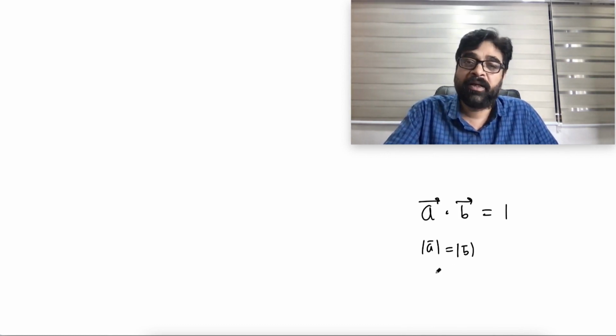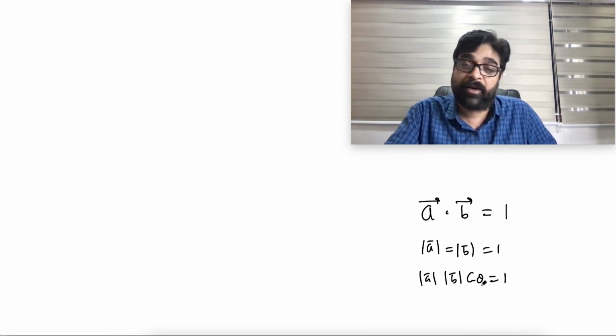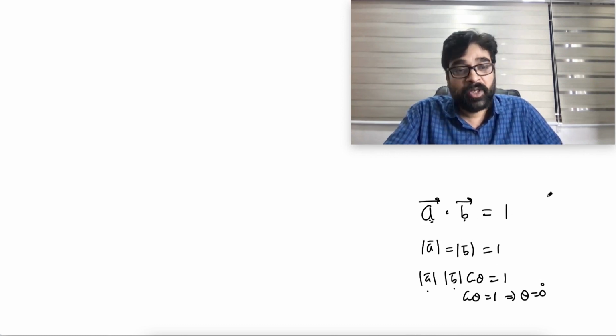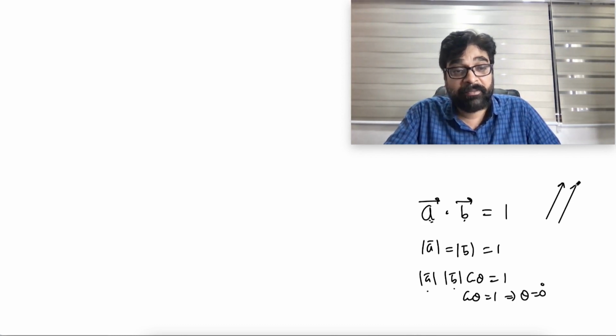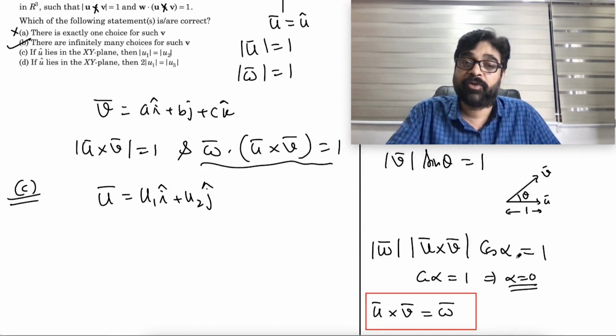A dot B is 1, that means mod A, mod B, cos theta is 1. Suppose both magnitudes are 1, so cos theta will be 1, meaning theta is 0. The angle between these two vectors is 0, so they have the same direction, and the magnitude is already 1, the same. So 100% both are the same vector. That's what I am trying to tell you.